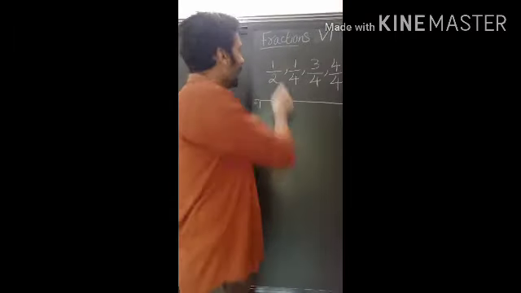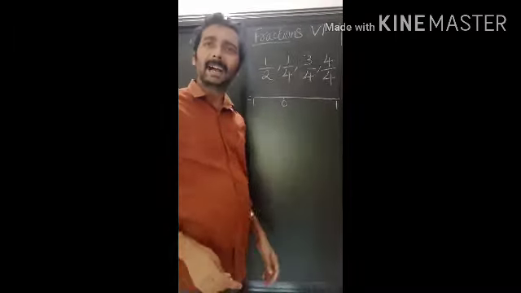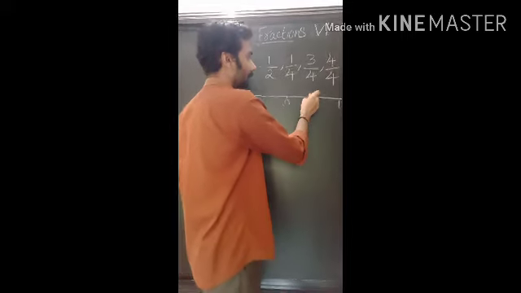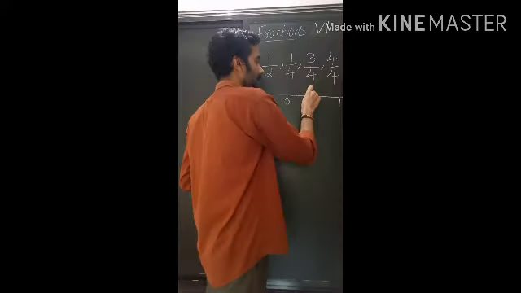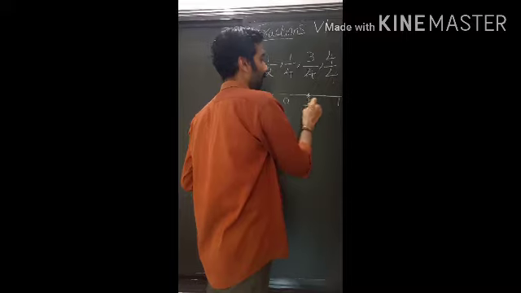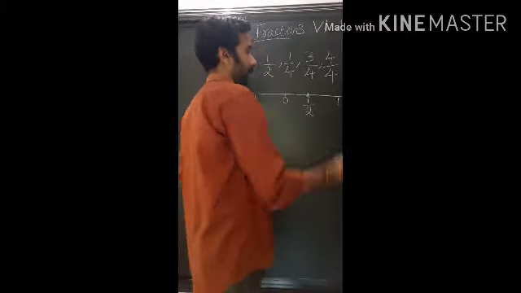1 by 2 means half. Half of 0 and 1. That means this point is 1 by 2.